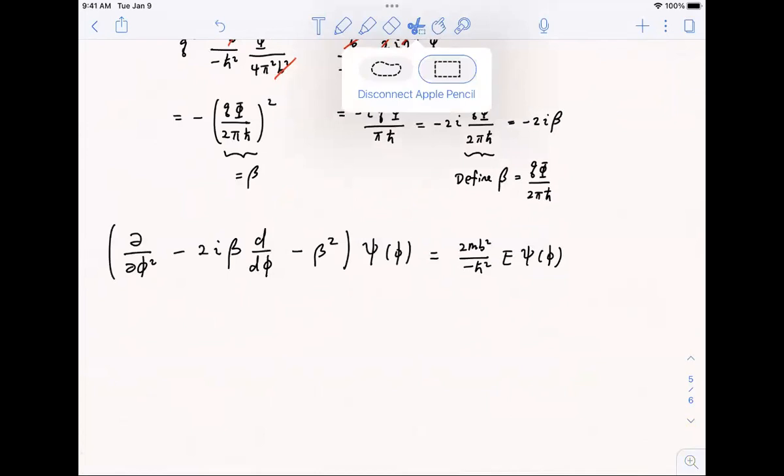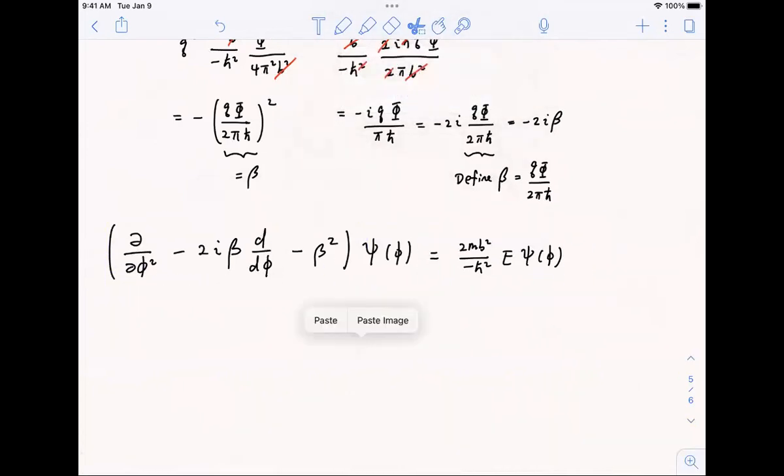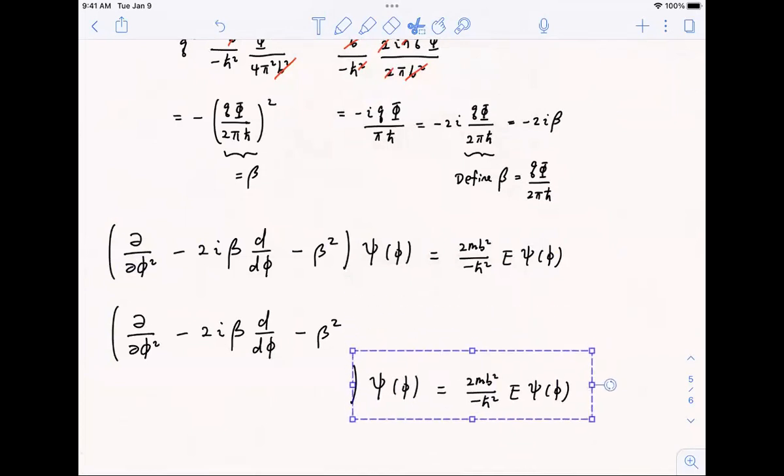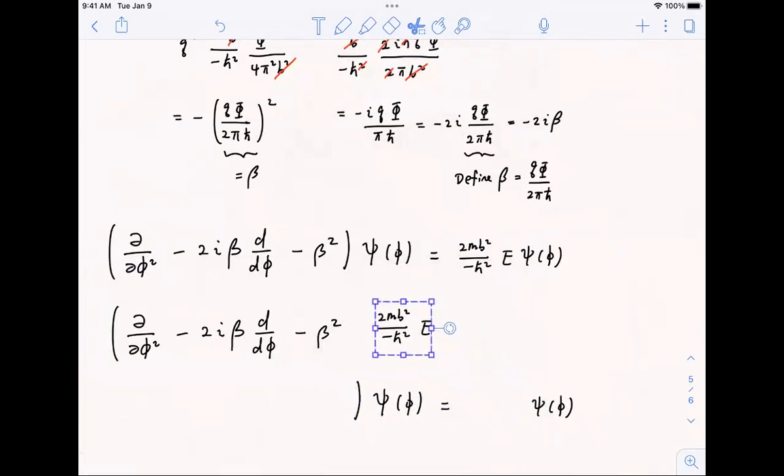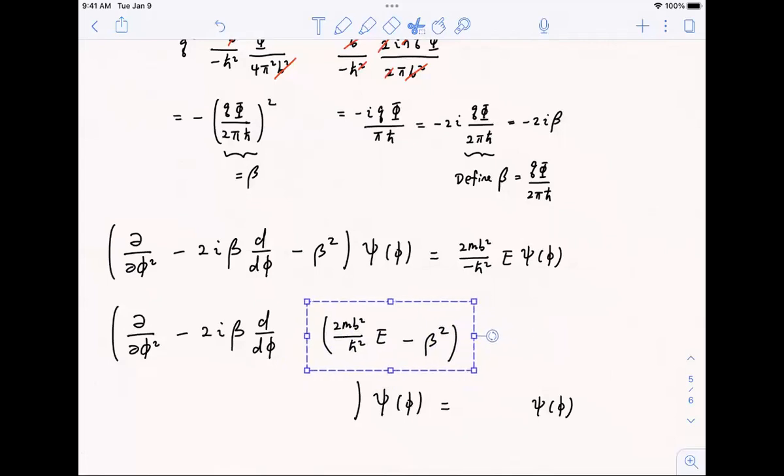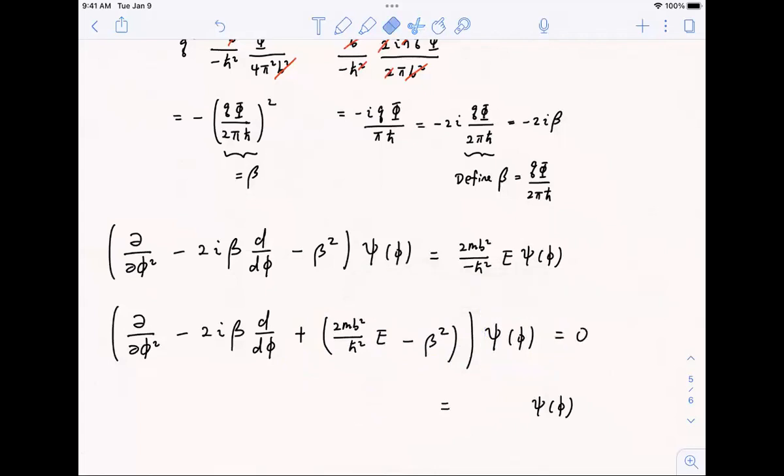Okay, so we're going to do one more step. This thing goes to here, becomes positive. Okay, then this is equal to 0. Okay.